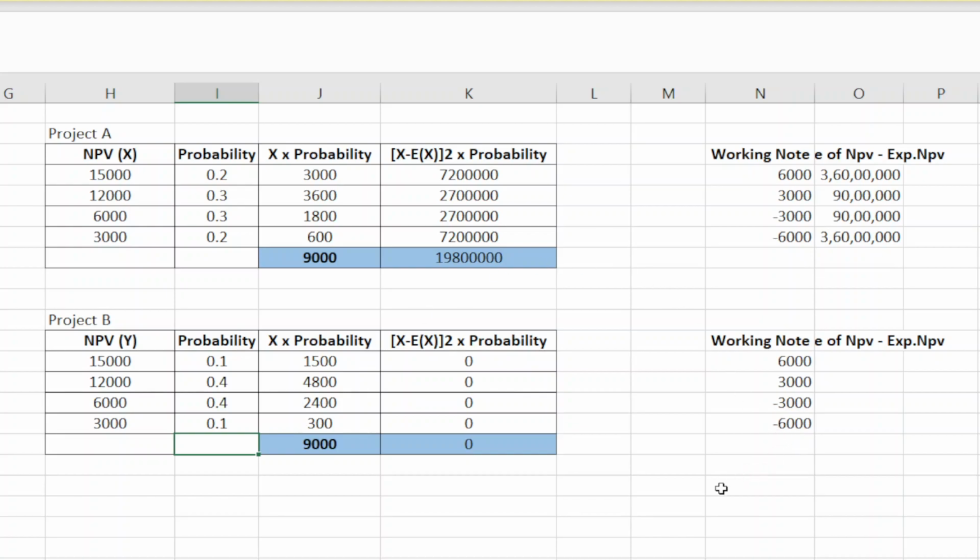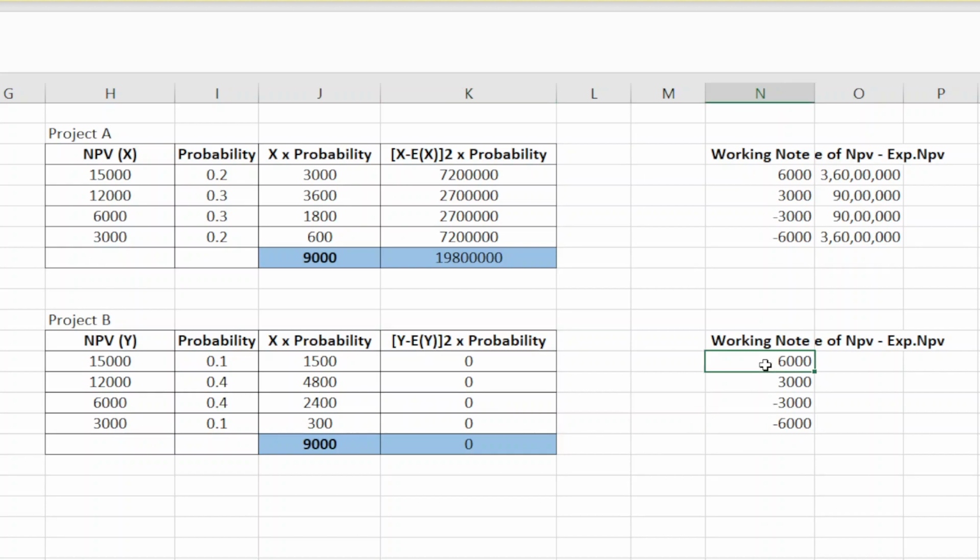In working note, what I have done in the beginning, I have done the X minus, that is NPV minus expected NPV. That's all I have done. Yeah, NPV minus expected NPV, the total.